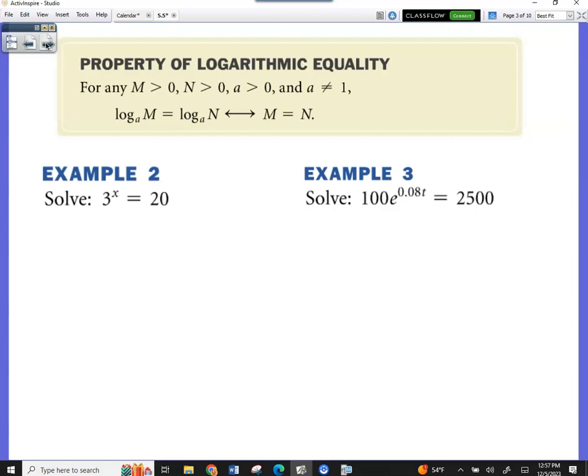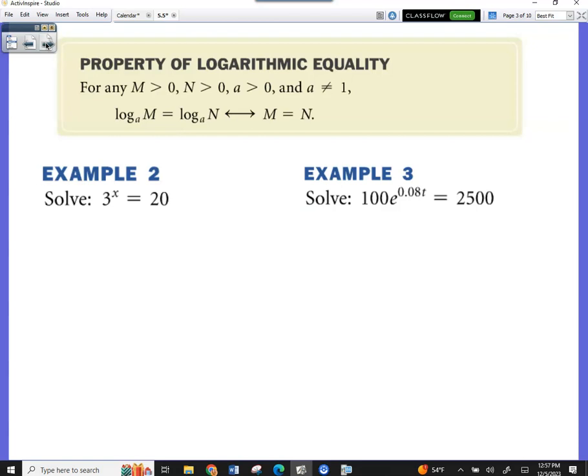So this is a different technique, and they're showing you right here. And if you look at it, it's probably really confusing. The beginning part of it is saying, hey, just make sure you got positive numbers, like m's positive, n's positive, a's positive, as long as a is not 1, because in that case, it's boring.